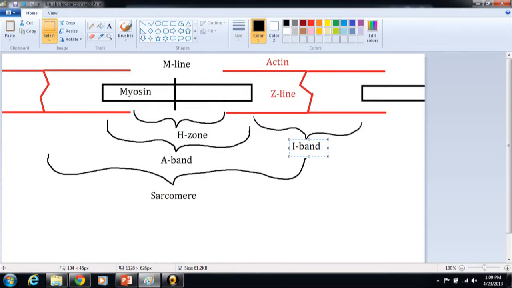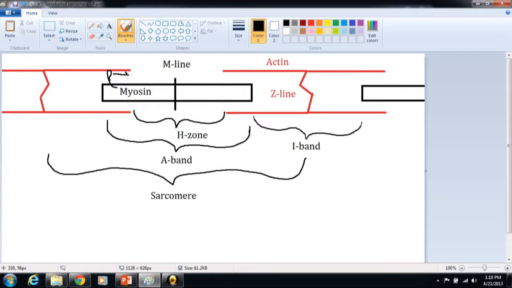Those are the structures of the sarcomere. Now what happens is, on myosin are these globular heads. Okay? I'm going to just draw one here, and what happens is it attaches to or binds to the actin, and then the myosin heads contract.